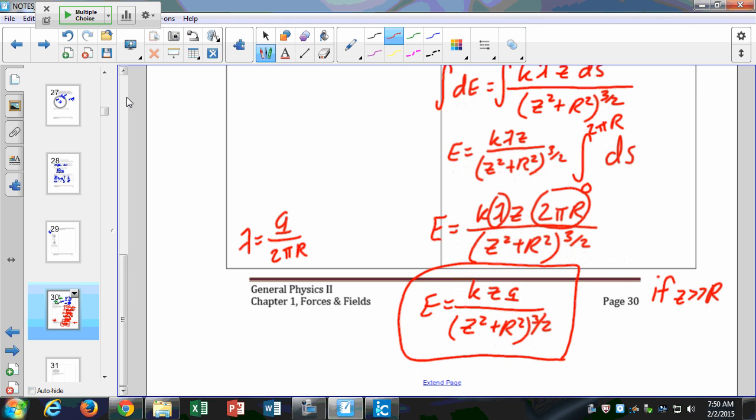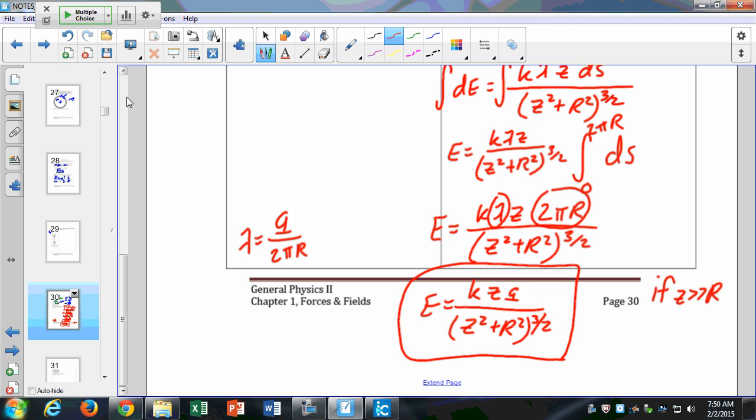If z is much, much bigger than r, if this value is a lot bigger than this value, right, so in the bottom, this basically just goes away. This becomes irrelevant. So I get a z squared to the 3/2, or a z cubed, and then I'm left with kq over z squared.